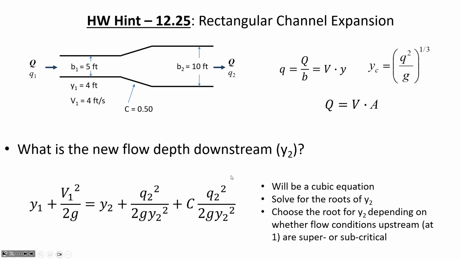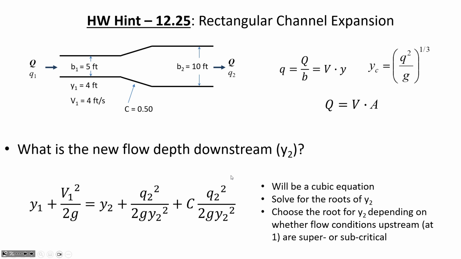So area is depth times b, and so we're basically canceling the b out of both terms in the area and just left with the depth.